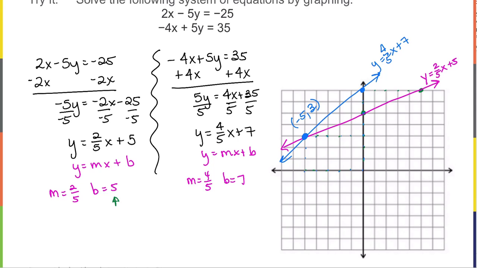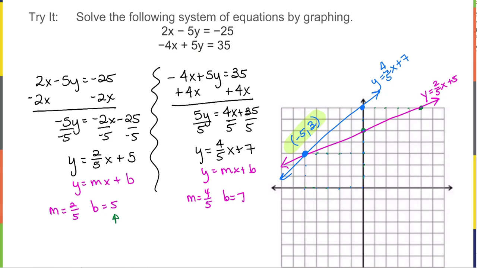And then if you want to be certain, you can take each of these equations, the 2x minus 5y equals negative 25, and the negative 4x plus 5y equals 35, and substitute in your negative 5 and your 3, and see if you get these answers.